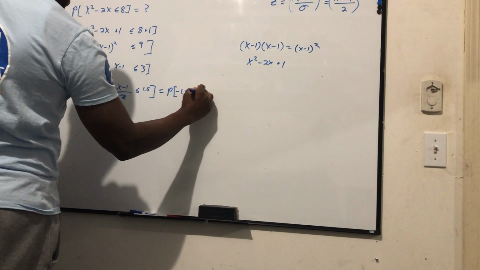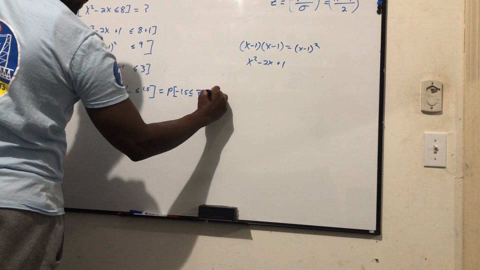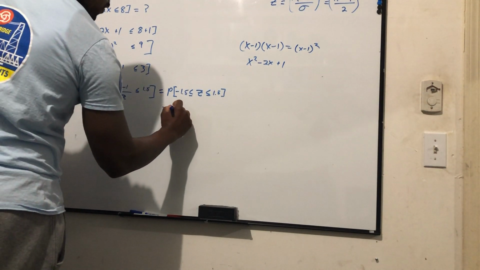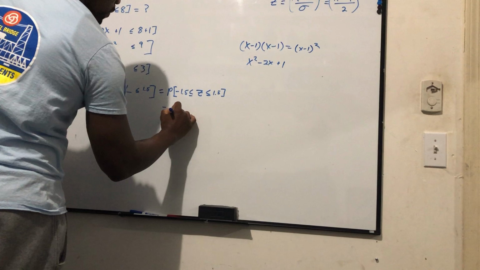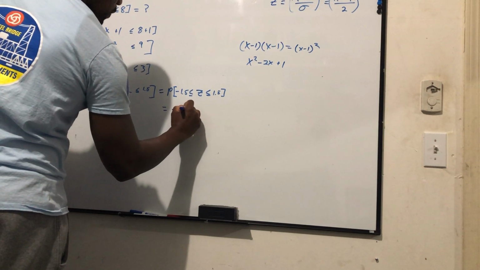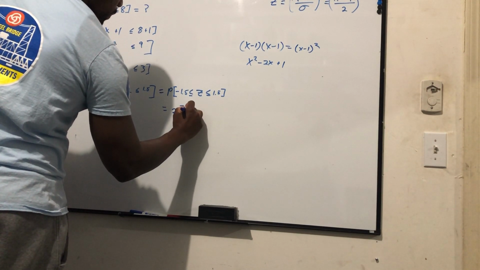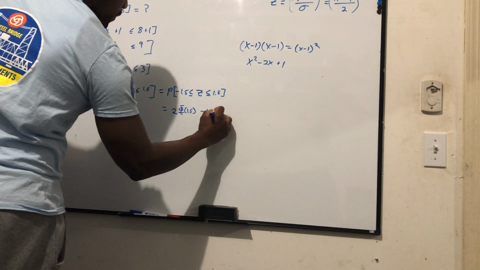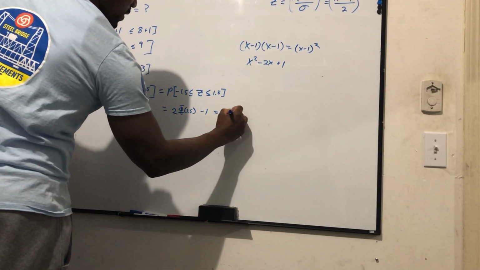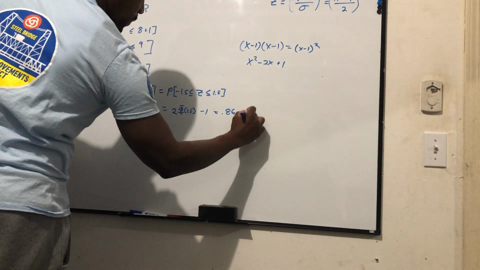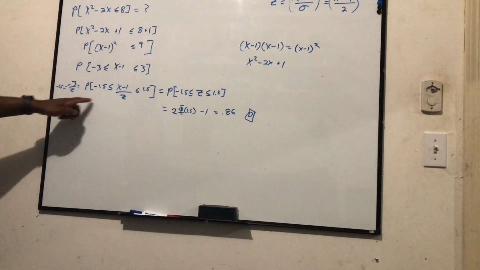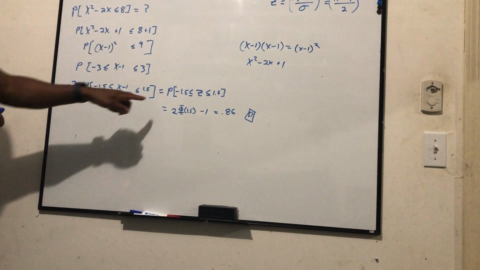And once we have z, we can go ahead and use what we know. I think it was 8.6, answer D. So we divide both sides, we get the 1.5.